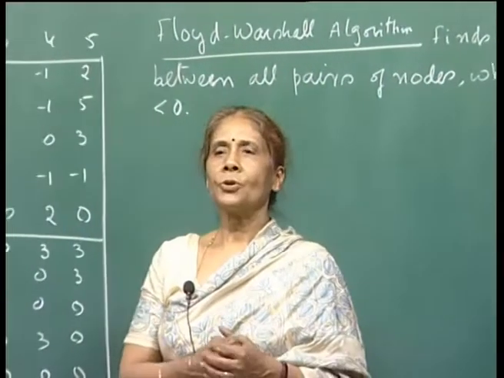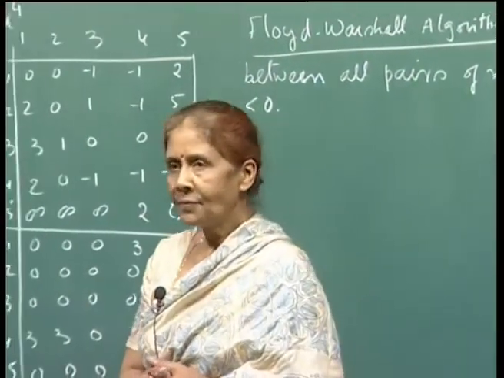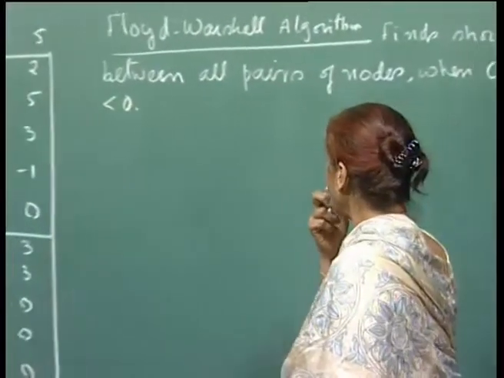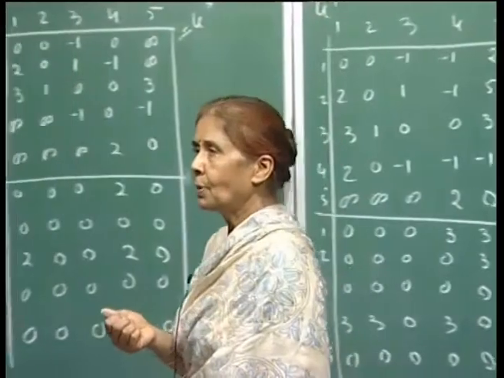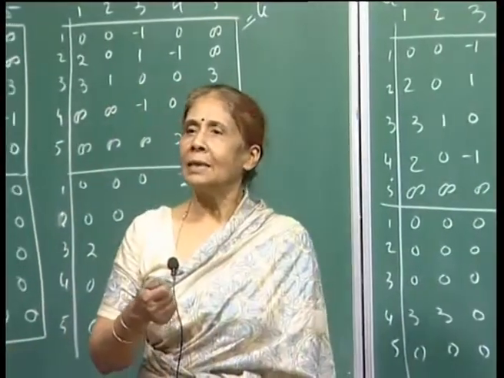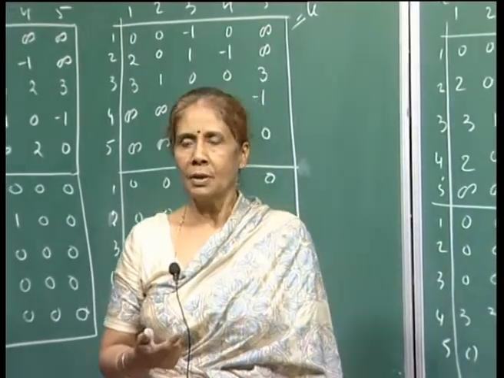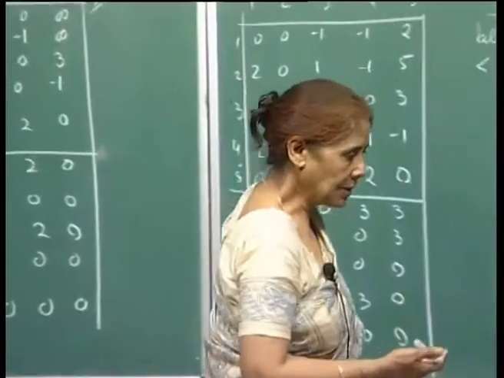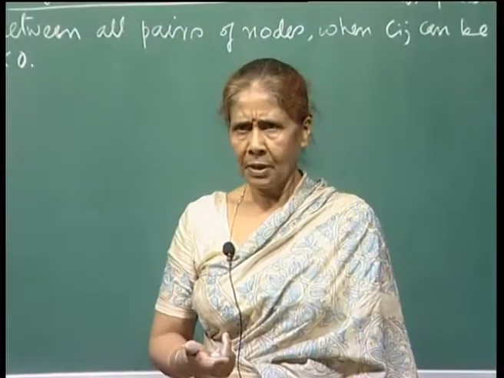In fact, the shortest path lengths would not be bounded. I can make them go up to minus infinity. So, that is the danger, and so any algorithm which claims to compute shortest path lengths when the Cij's are negative should also be able to detect the presence of a negative cycle and then stop, because once negative cycles are present, the shortest path lengths have no meaning, because you cannot define them, right.